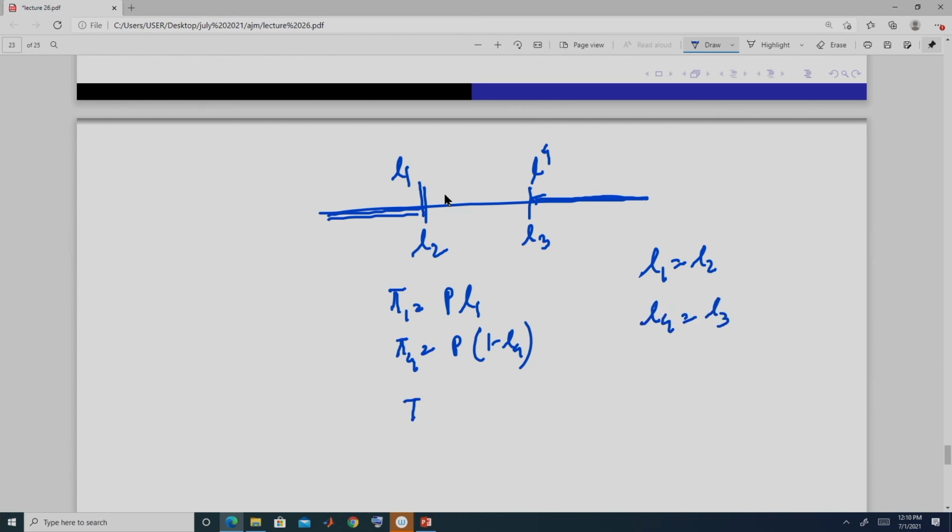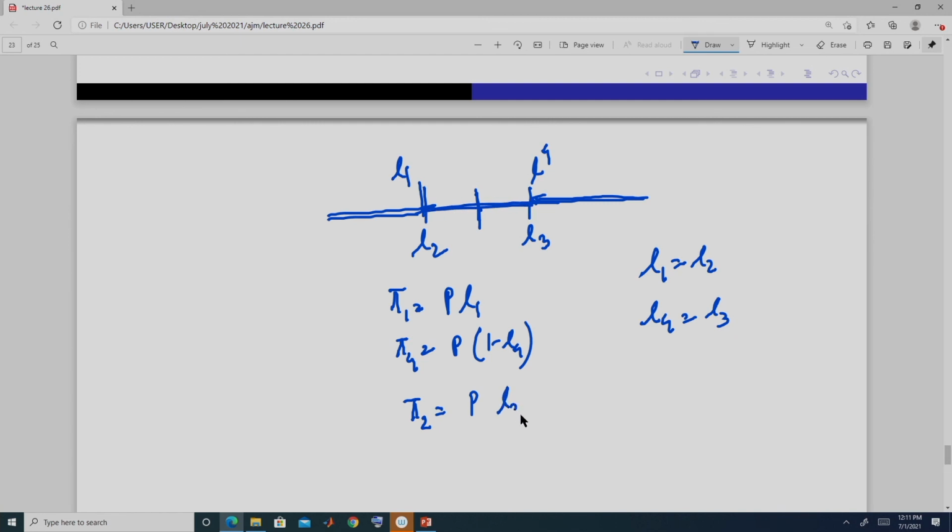Now, if you look at the profit of farm 2, it is going to be half of this distance, right, because we will get a person who is indifferent between buying from farm 2 or farm 3, and we can get this at the half of this distance.